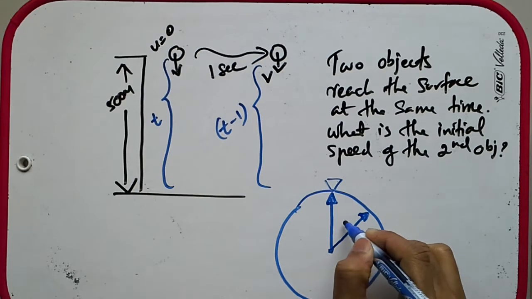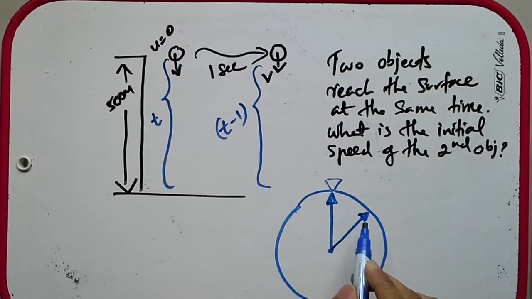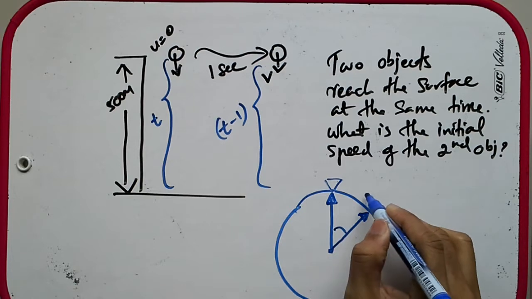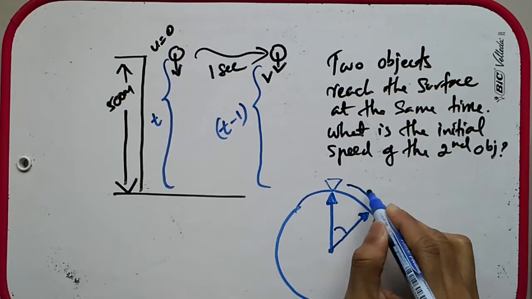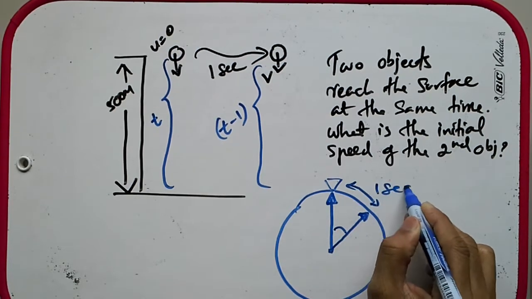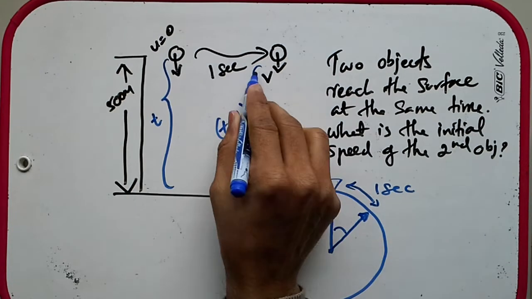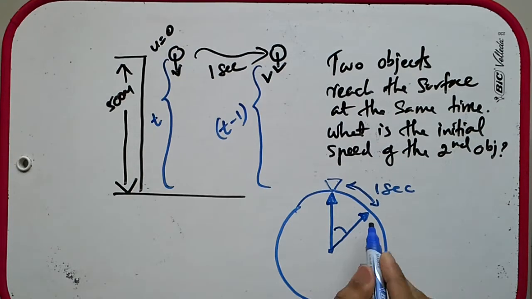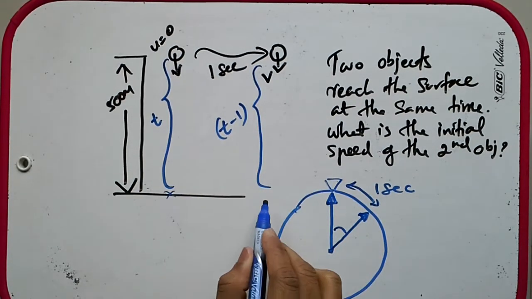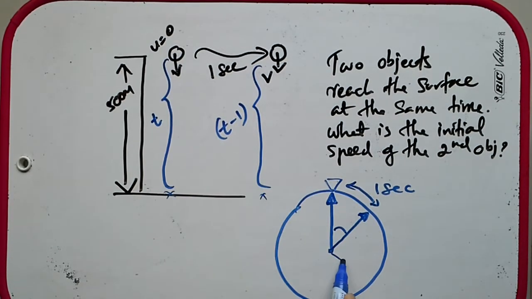When this covers 1 second, then you throw the second object, and these two objects reach the ground at the same time.